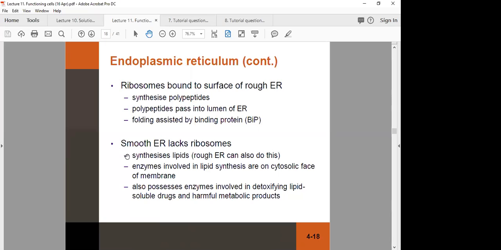The smooth ER predominantly functions to synthesize all the lipids required for the cell. The enzymes involved in lipid synthesis are on the cytosol face of the membrane. The smooth ER also possesses enzymes that are involved in detoxifying lipid-soluble chemicals and other harmful metabolic products.